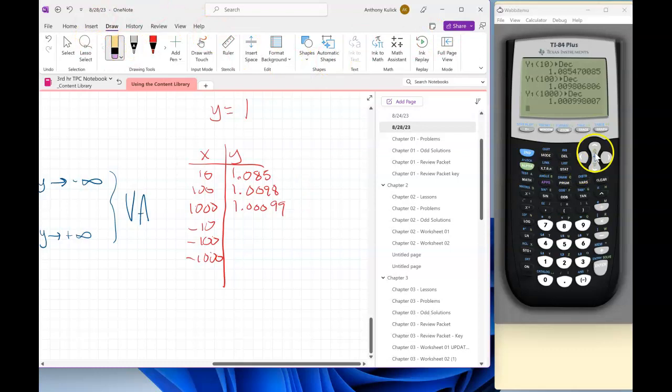So now we'll go and do the other way. Second, enter. Go back and make that -10. And then -100. And then -1,000.